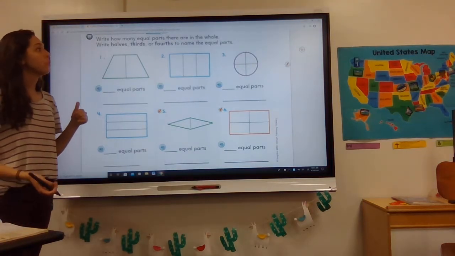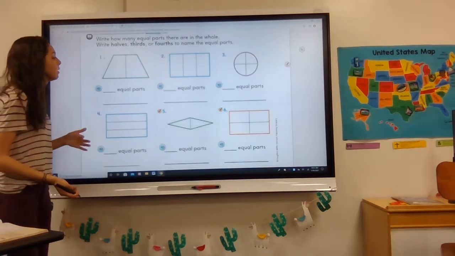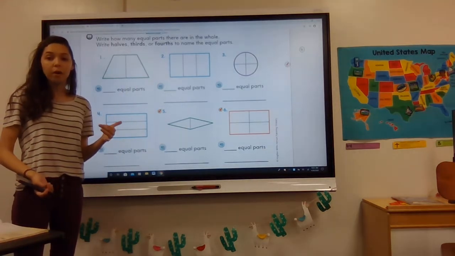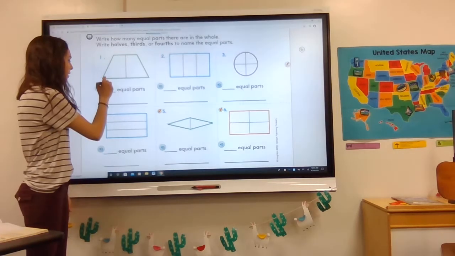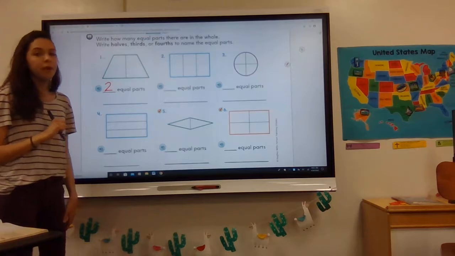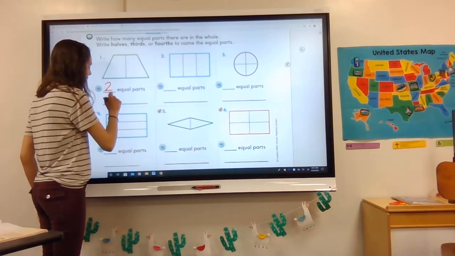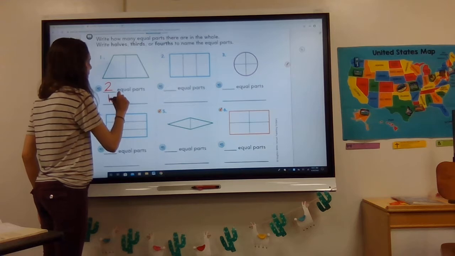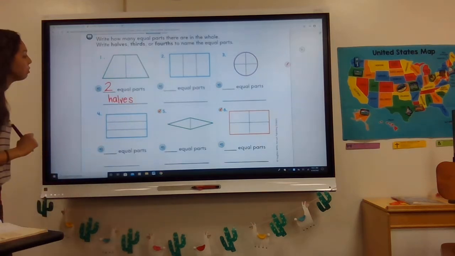Write halves, thirds, or fourths to name the equal parts. So let's look at number 1. Right? How many equal parts are there in this shape? 1, 2. 2. So I'm going to write that on the line. And what is that? Halves. Good. So I have 2 halves.